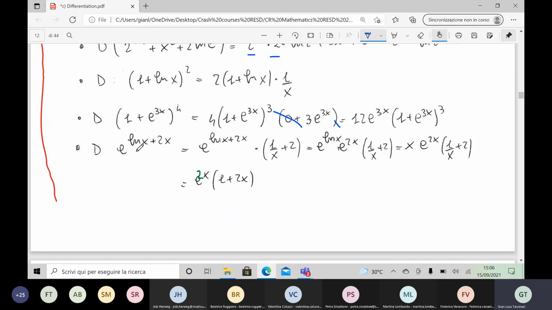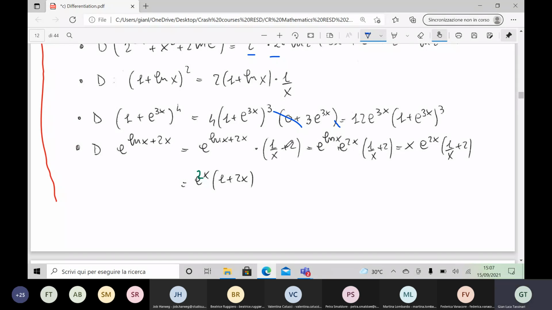It is e to the power f of x times f prime of x, where f prime of x is the derivative of the exponent. The exponent is this one, a sum. You have to compute the derivative of the first, which is the derivative of ln of x. It is the very special case C, it is 1 over x, plus the derivative of 2x, which is 2.